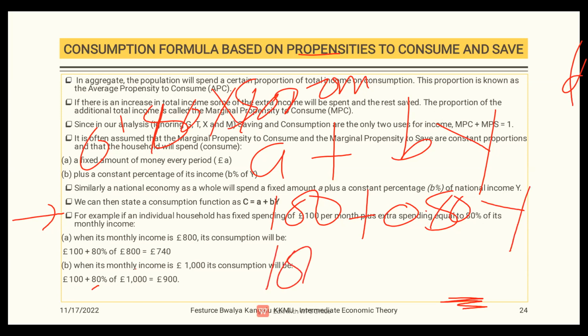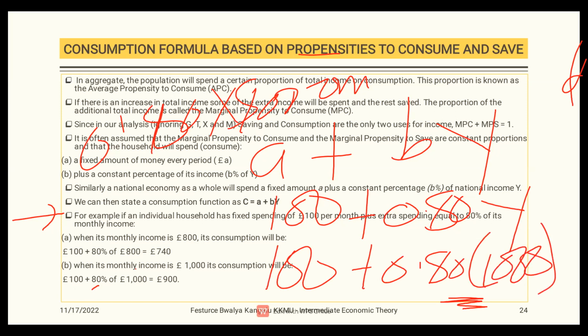So you say 100 plus 0.80 times 1,000, the new monthly income. That gives you 900 as total consumption. Did you get that?